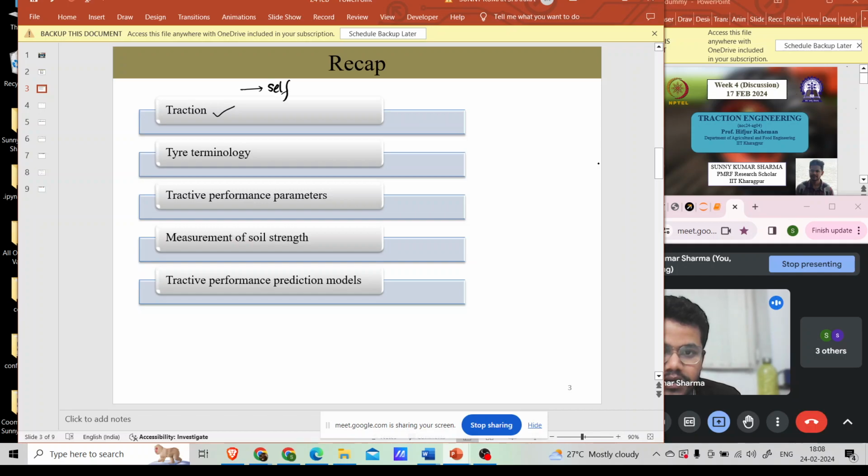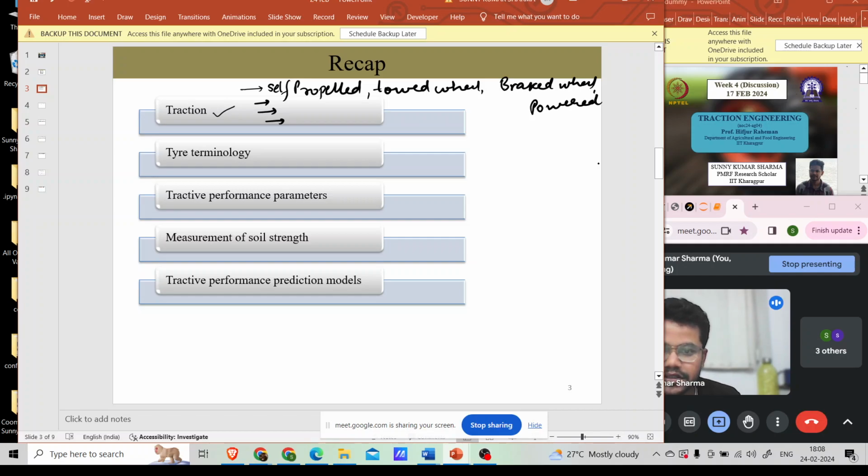One is self-propelled, other four you tell. Tool wheel, road wheel, entry wheel, brake wheel, powered wheel. Yes.